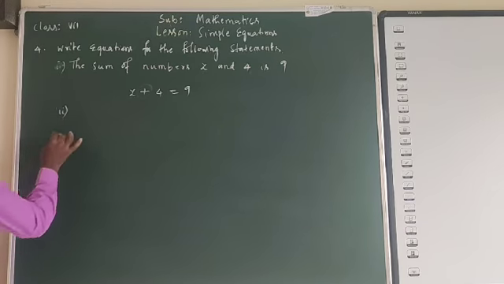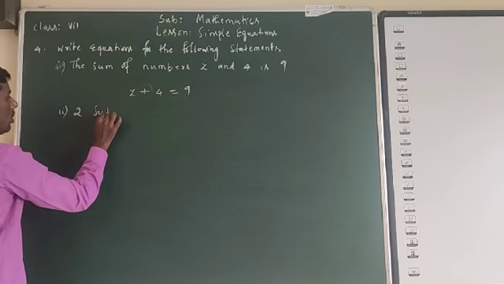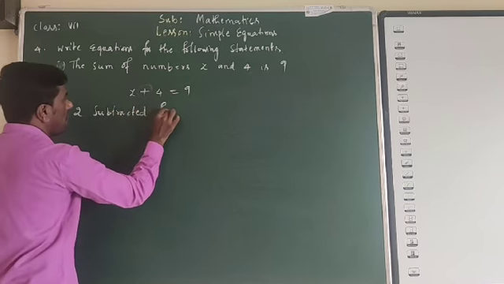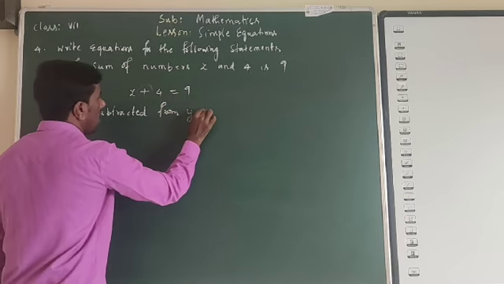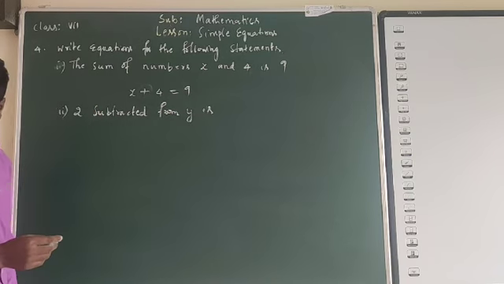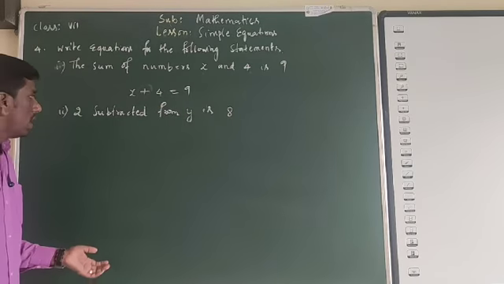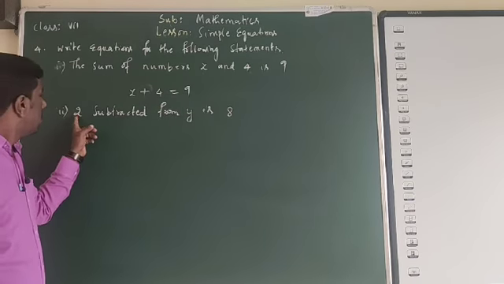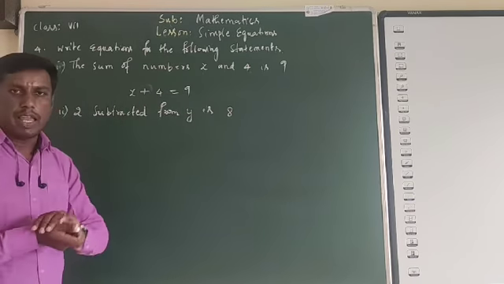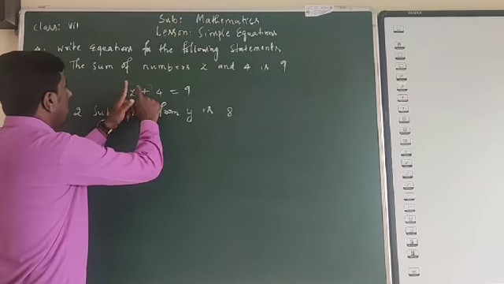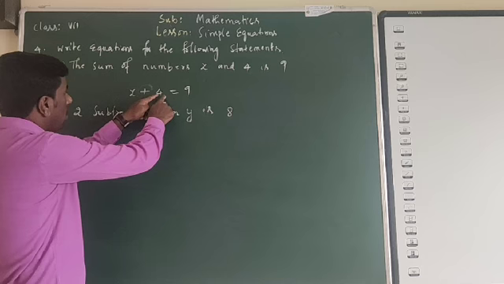I'll try the second one. 2 subtracted from y is 8. So here you should remember that when you subtract from the value, you should write it in addition form.